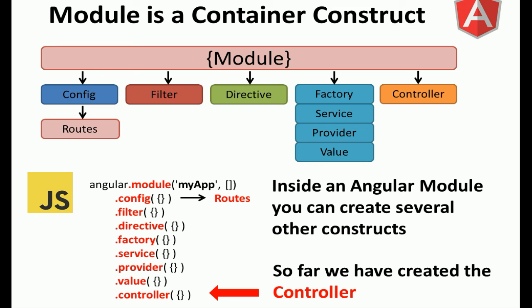This slide identifies the other great functionality available from the Angular module object. So far, we only used the controller method. I mentioned to you that we can create custom filters and directives. Here you can see there is a module.filter method and a module.directive method that will allow us to create these custom directives and filters.